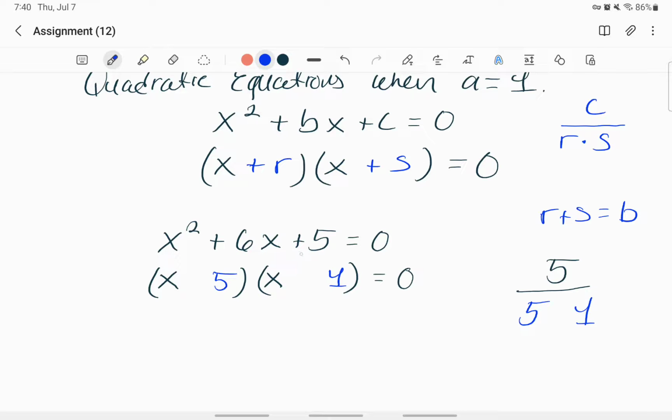Because 5 is positive, and that is the product, that means the numbers that we're multiplying must be the same sign. And because this is a positive 6 right here, that means both numbers must be positive. X plus 5, x plus 1 equals 0.